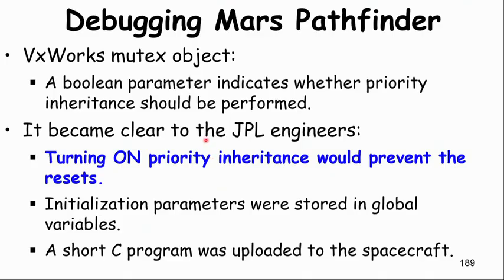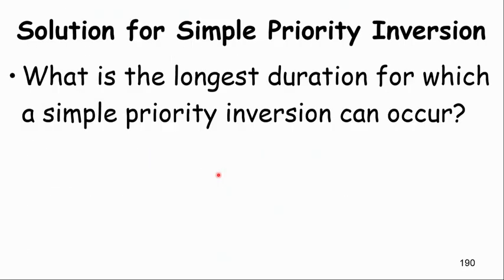So, they enabled the priority inheritance procedure, and then it could solve the unbounded priority inversion problem. Now, let us see what are the solutions for the priority inversion and multiple priority inversions.